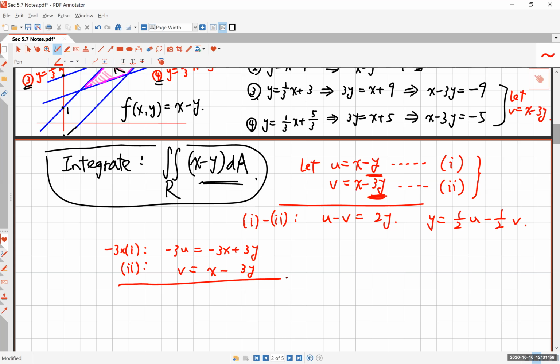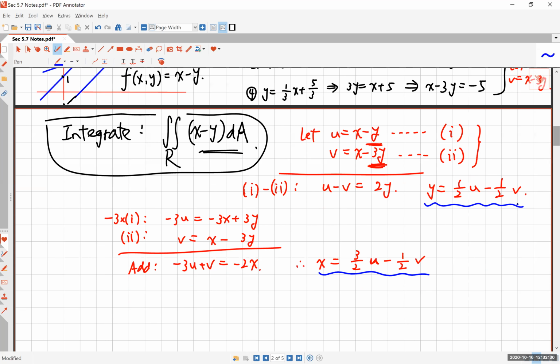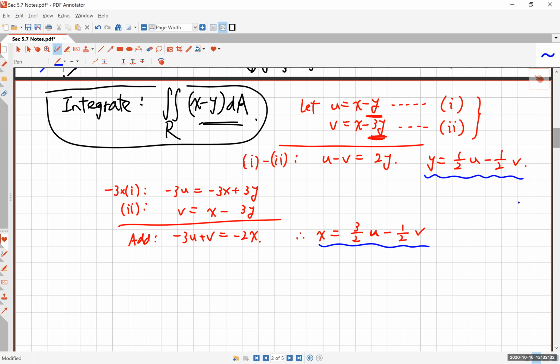You see what happened here? I have 3y and -3y. Now I can add these. All right, so then you get -3u plus v is equal to, and of course the y terms will cancel, but -3x plus x is -2x. And therefore, x is 3/2 u minus 1/2 v.